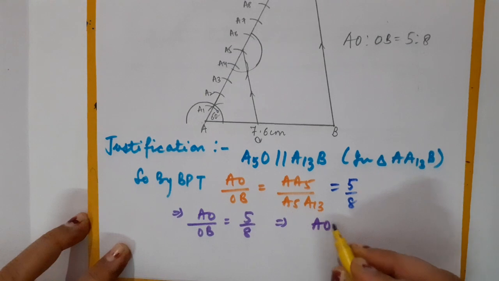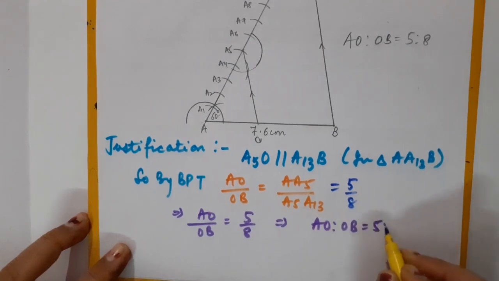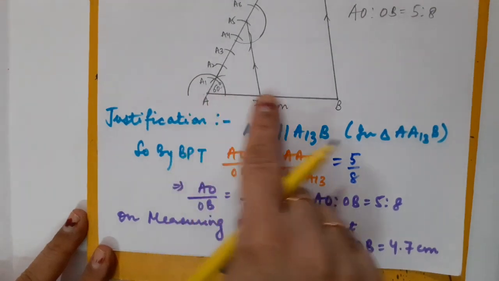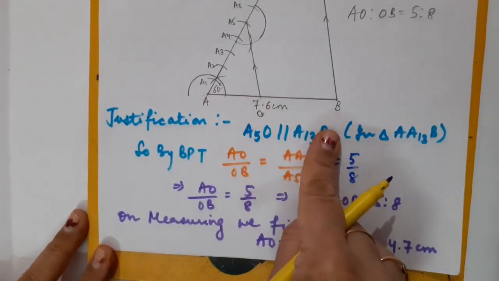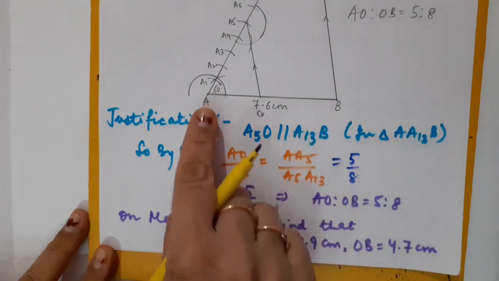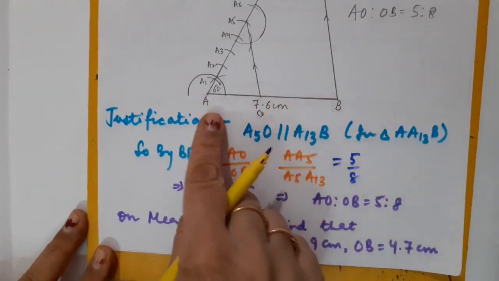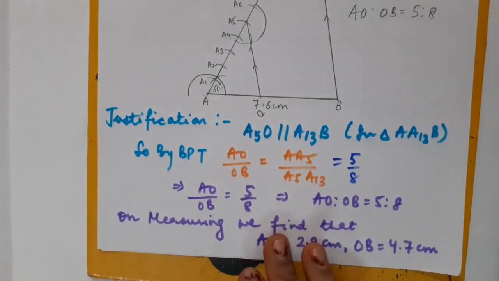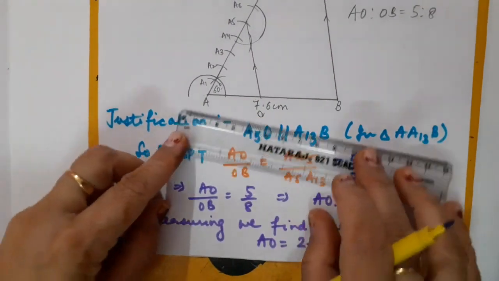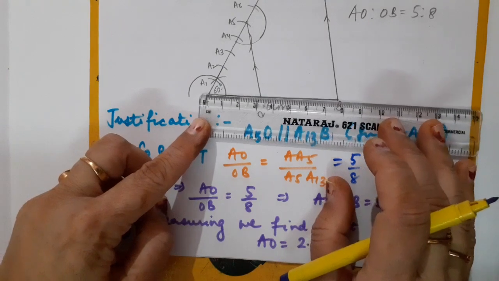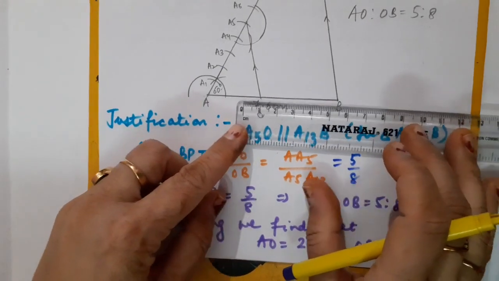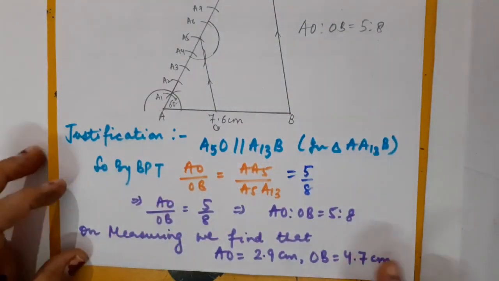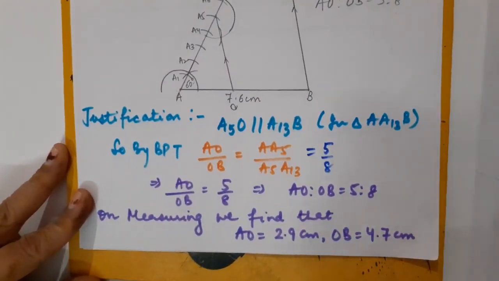It implies AO ratio OB must be equal to 5 ratio 8. Now children, we have been asked that when this complete line segment is divided into two parts in the ratio 5 ratio 8, then we have been asked to come to know about their measurement as well. So when I measured this AO using scale, I have observed that this is equal to 2.9. And when I observed this line segment OB, I have observed that this is equal to 4.7 centimeter.